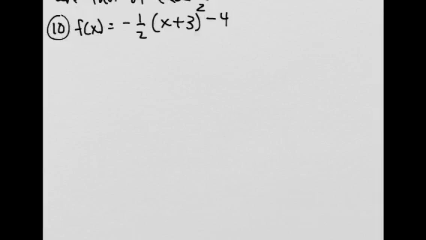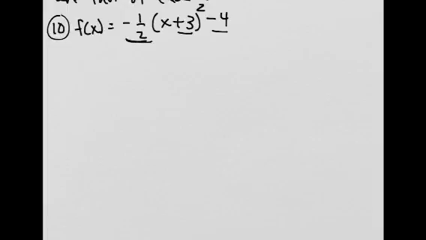Okay, for number 10 through 13 actually, you need to describe the, I know it says translation, but it should be transformation. Describe the transformation. So, for this one, it's a quadratic, and the transformation, I see an H right here, a K right here, and an A with a negative.